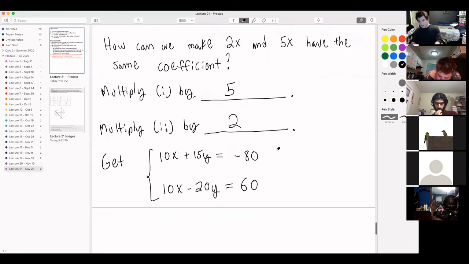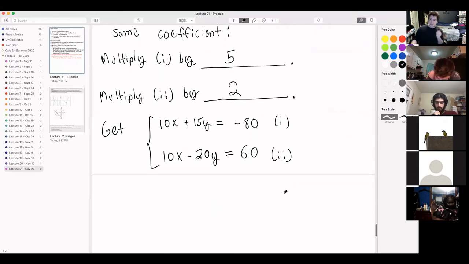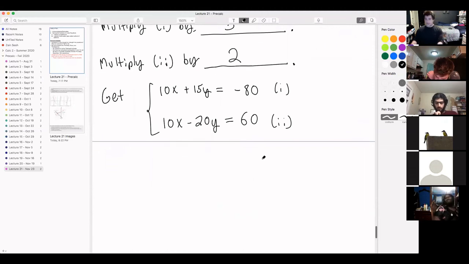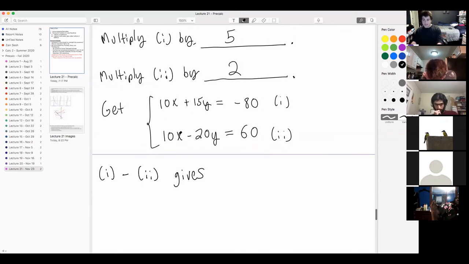Again, I'm going to call the top one equation 1, bottom one equation 2. Just makes things easier. And now we are in a very nice position because I can subtract 1 minus 2, and I will just have an equation involving the y variable. So this is a very attractive situation. Equation 1 minus equation 2 gives, well, 10x minus 10x is 0x.